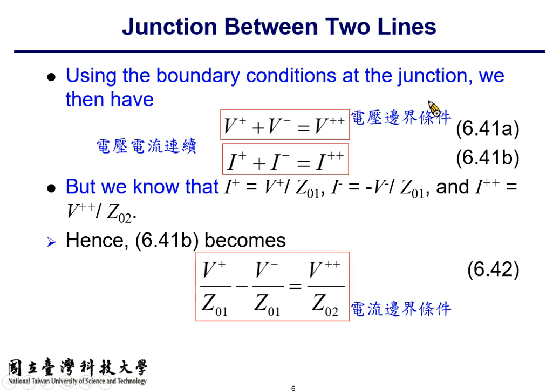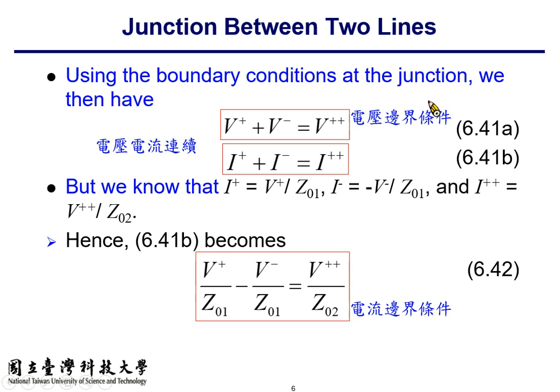And for the transmitted signal, I double plus equals V double plus divided by Z sub 02. So substituting the currents with voltage and characteristic impedance, we have another equation, 6.42.